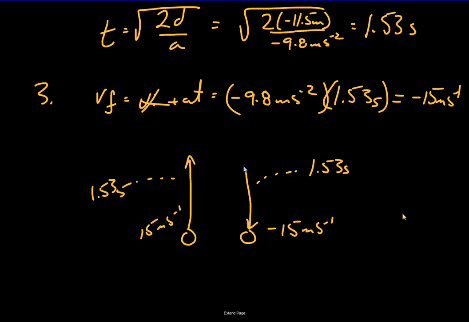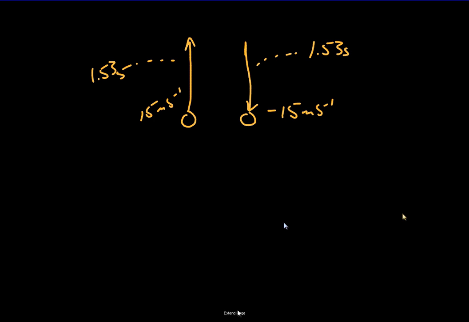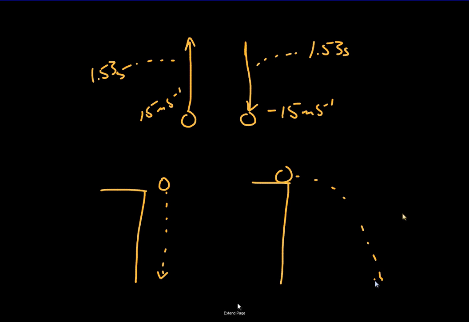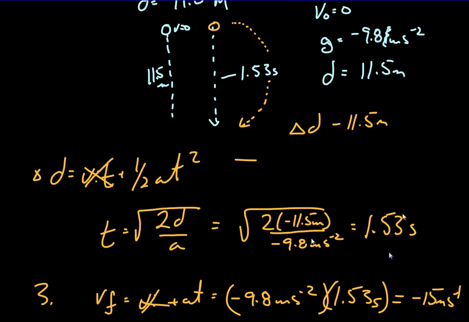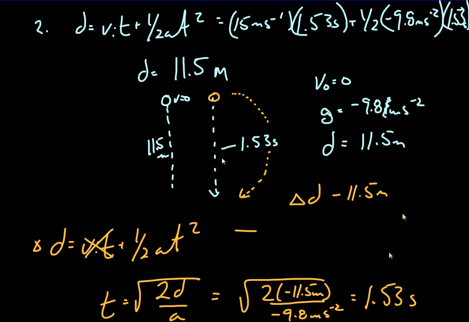There will always be a symmetry to these questions. Now, sometimes you might get a question, and this is later, where you're only dropping the ball, okay? Or even where you're only launching it off the side. Now you're really only solving the last half of this scenario, right? The part where it starts from 0 and falls some distance.